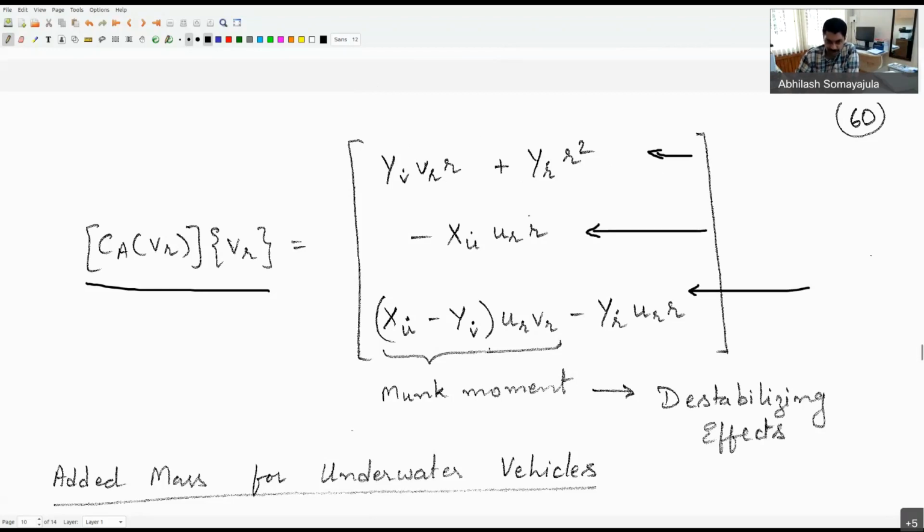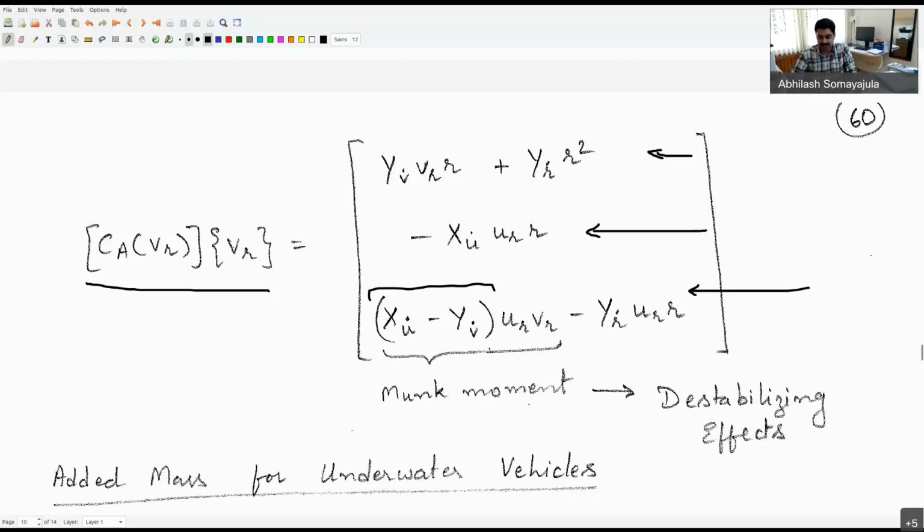Now, if you closely observe, there is this quantity XU dot minus YV dot, and this is known as the cause of destabilizing effects, especially in aerodynamics. For aircraft and other things, these Munk moments can be destabilizing in nature.